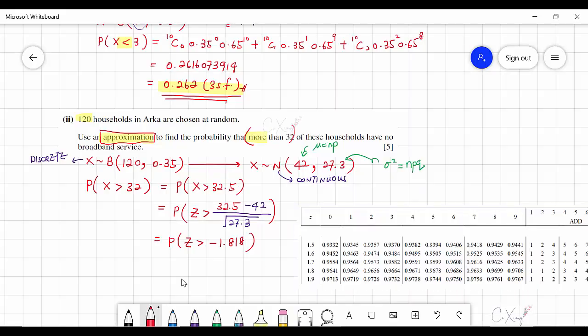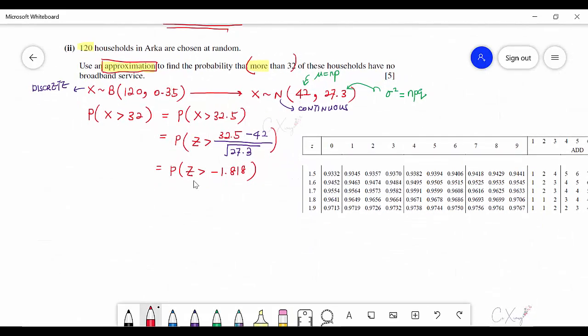To find the probability for Z greater than negative 1.818, it is equivalent to Z smaller than 1.818.